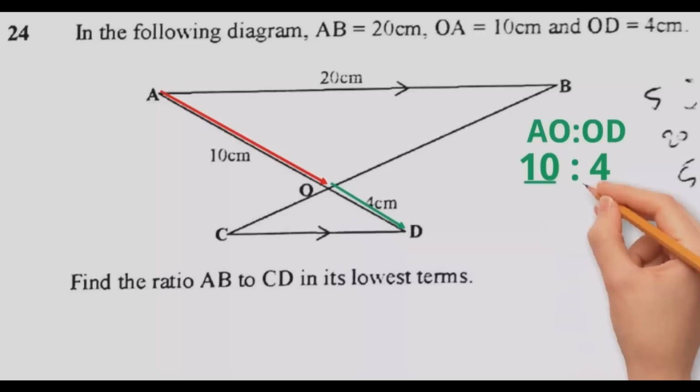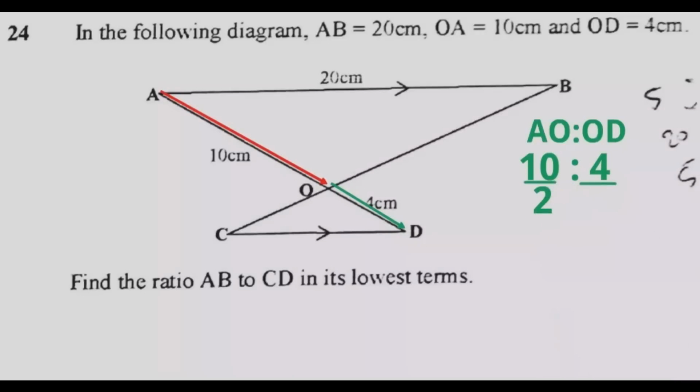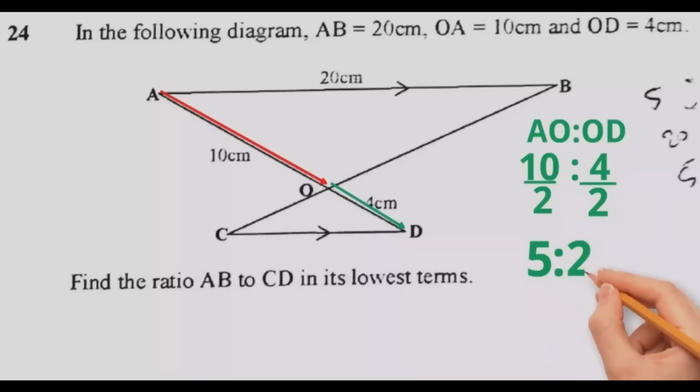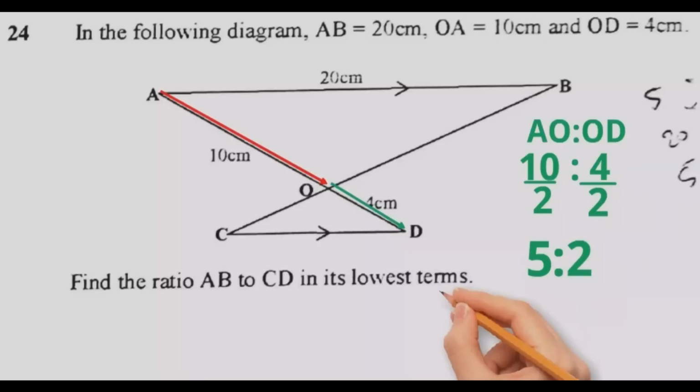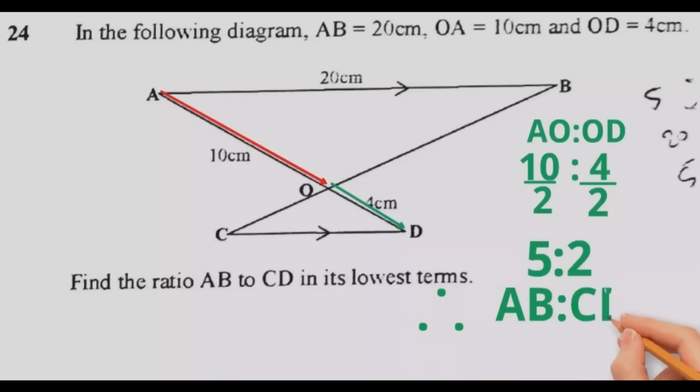We know that 2 can go into both, so 2 into 10 is 5, and 2 into 4 is 2. So the ratio of these sides is 5 to 2. Therefore, AB to CD is 5 to 2. That is the correct answer.